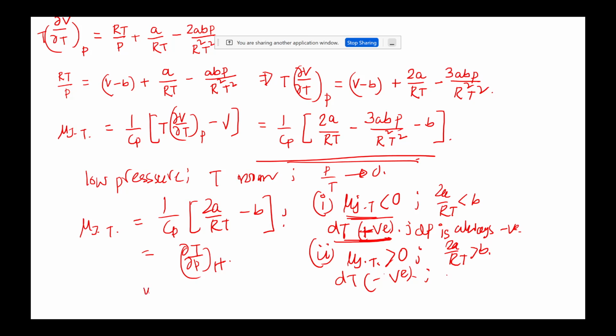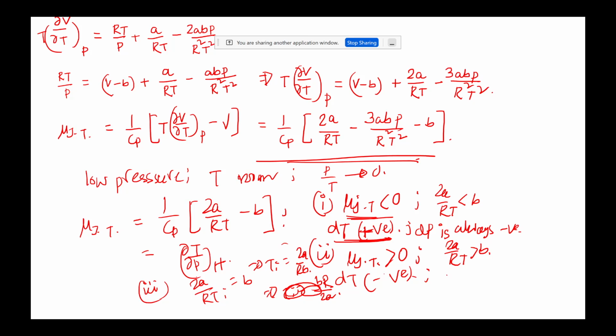But there will be one scenario where 2A by RT equals B. This is called the inversion temperature, 2A by RB. Here there will be no effect of heating or cooling.